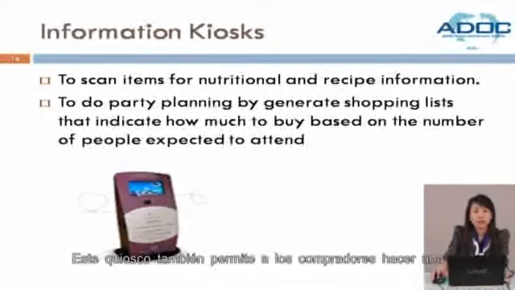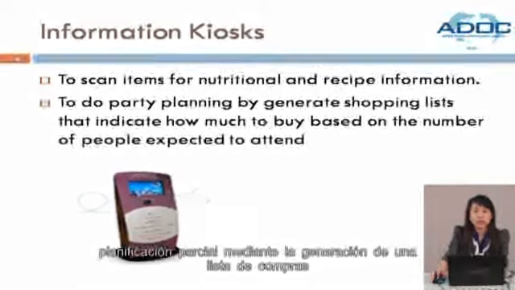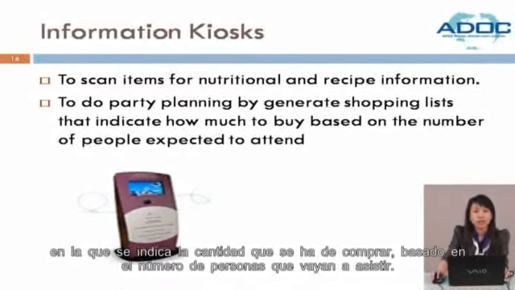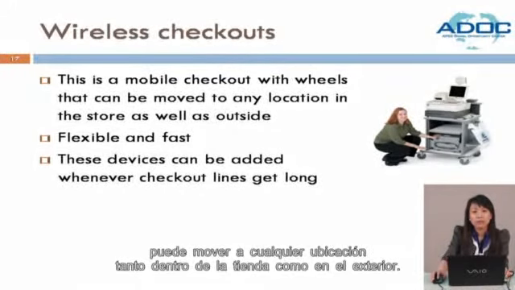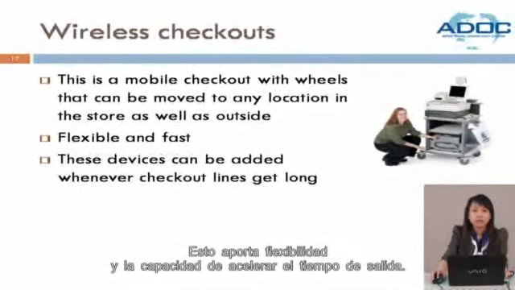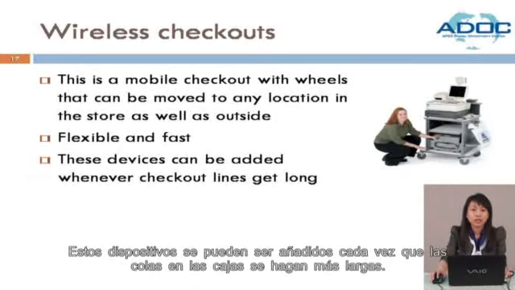These kiosks also enable shoppers to do party planning by generating shopping lists that indicate how much to buy based on the number of people expected to attend. This is a mobile checkout with wheels that can be moved to any location in the store as well as outside. This brings flexibility and the ability to speed up checkout time. These devices can be added whenever checkout lines get long.